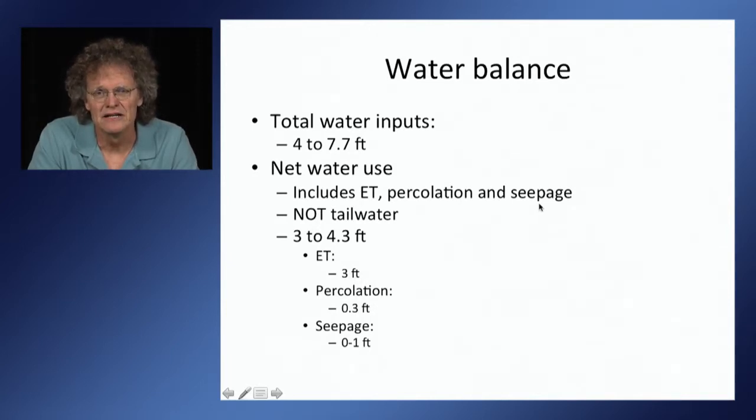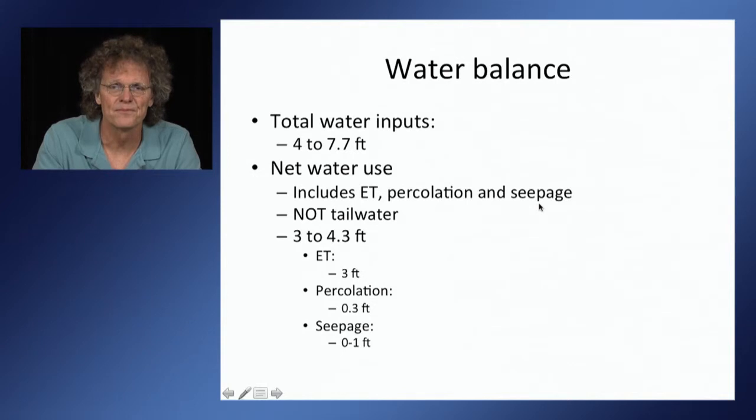But they could vary tremendously in different soils, particularly as you move towards sandy soils or soils without a plow layer, where your percolation losses may be quite a bit higher. But percolation on our heavy clay soils is generally small.